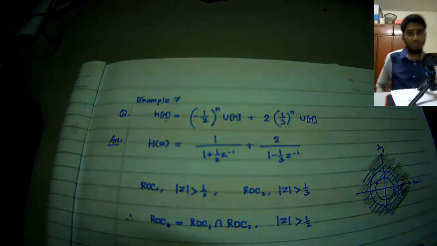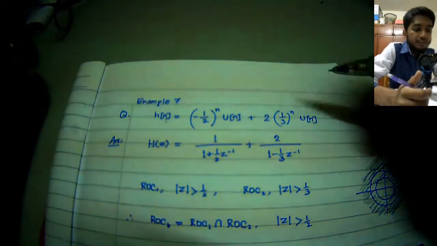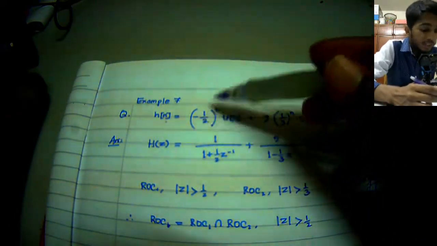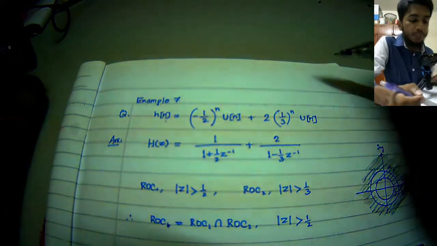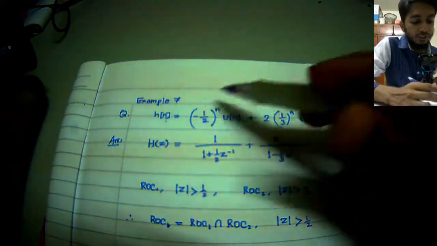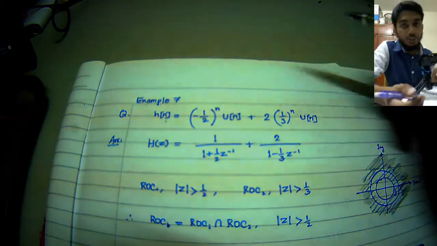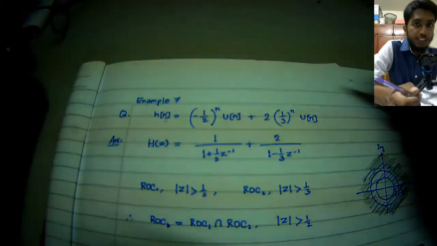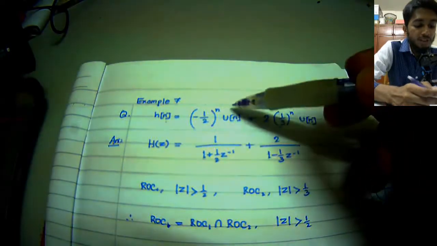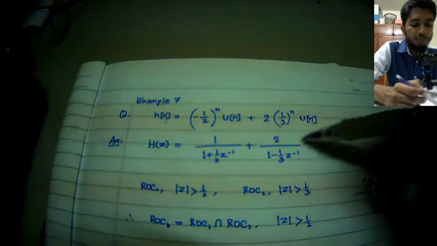Alright, so let's start with the examples. First of all, if we look at example 7, the question asks us that h[n] equals minus 1 over 2. We have this function basically. On this function you can see that there are two functions, this one and this one. So they're separate, and that's where we can use our linear transform properties. We just do the Z transformation separately for this one, and separately for this one.